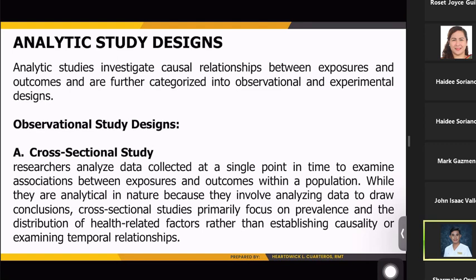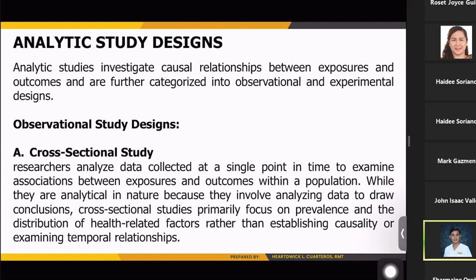We have also encountered it in the descriptive approach. Now, it also exists in analytic designs under observational studies. In cross-sectional studies, researchers analyze data at a single point in time to examine associations between exposures and outcomes within a population. While they are analytical in nature, because they involve analysis of data.